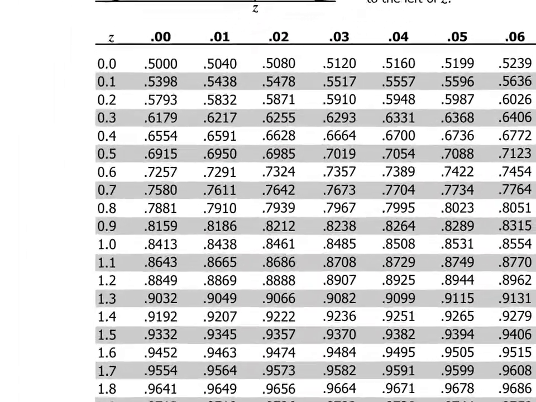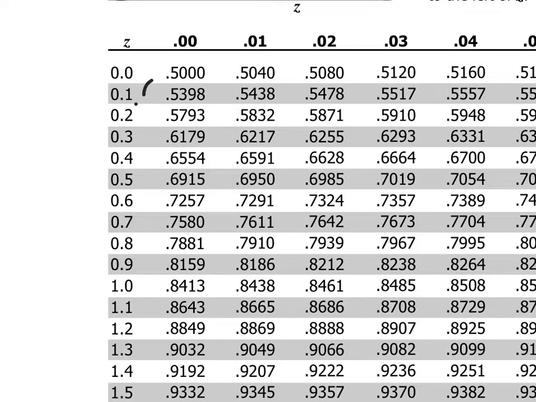So here's how you read it. You go down to 1.2. I found it. This column stands for 1.20. See the 0 here? This stands for 1.21, 1.22, 1.23, and so forth.